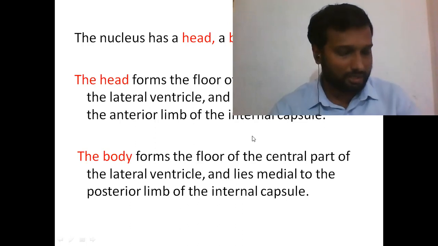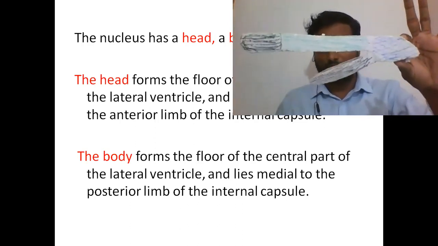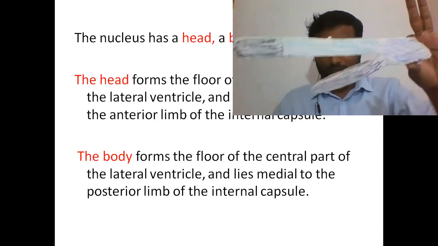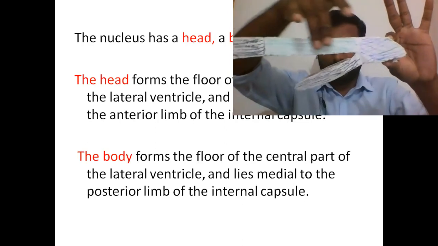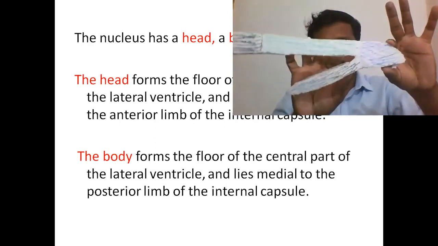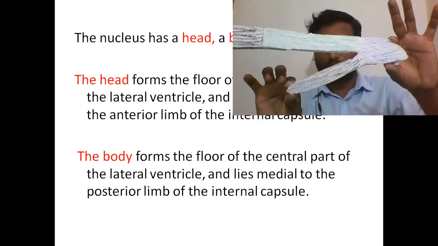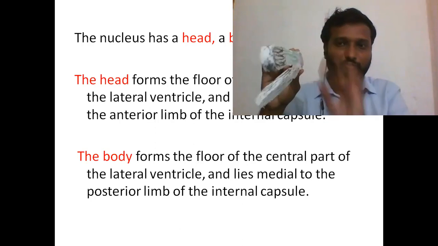Now, imagine this paper model. This one is a model of the lateral ventricle with the anterior horn, central part, posterior horn, then inferior horn. So this is the anatomical position.